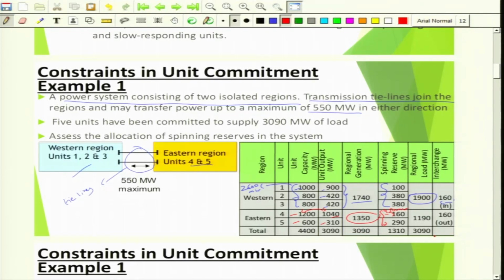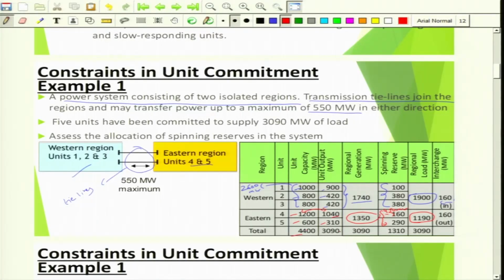Now what is the regional load? That is the load dedicated to eastern region itself, that is 1190 megawatt. You are generating 1350 megawatt, but the regional load is 1190. That excess 160 is meant to supply the requirement of western region.